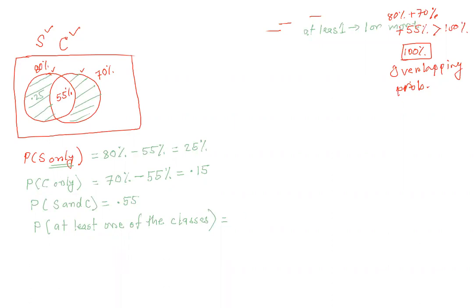Absolutely. You could do 80% plus 70% minus 55%, which is gonna be 95%. That's one way of doing it. Another way would be to take this 25%, 55%, and this 0.15, so 0.25 plus 0.55 plus 0.15 gives you 0.95, the same as 95%.